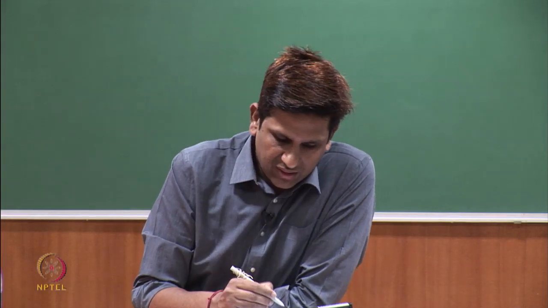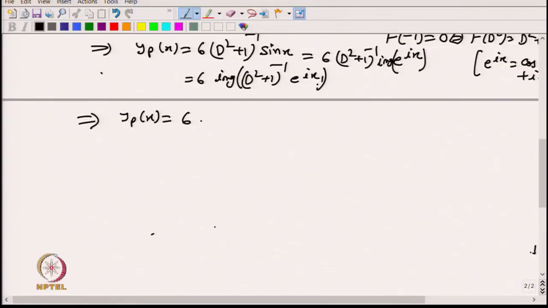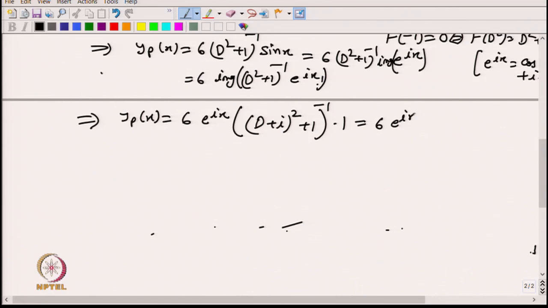So in this case I will apply the previous formula, and then I will take e^(ix) on the left hand side, and my operator will become (D plus i) whole squared plus 1, into 1. So this can be written as e^(ix), and the imaginary part is also there.